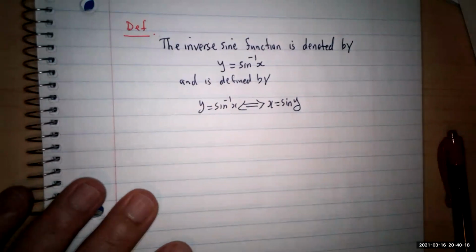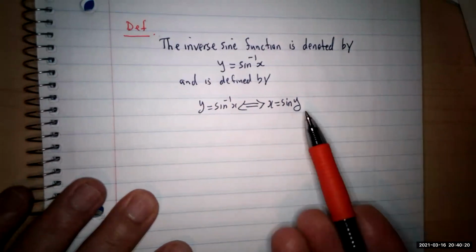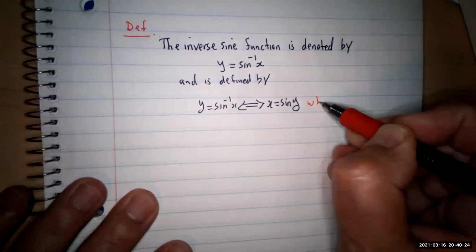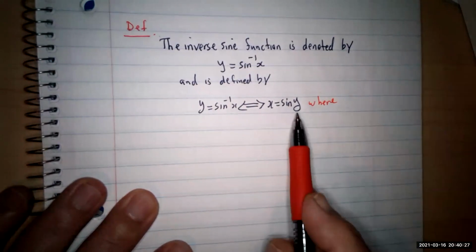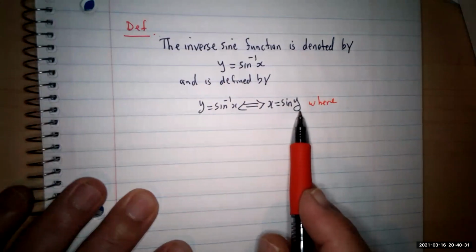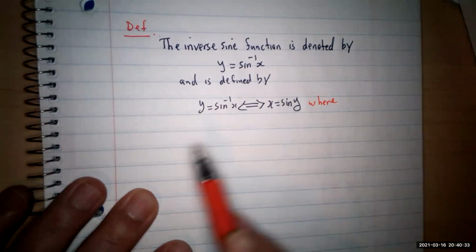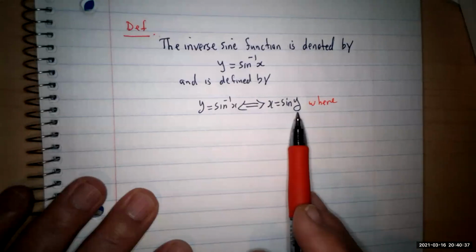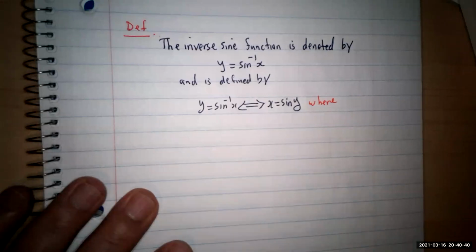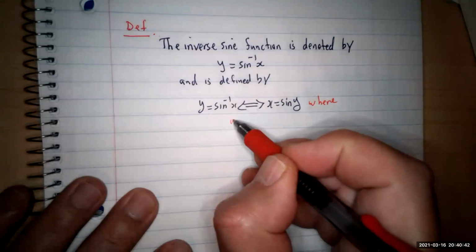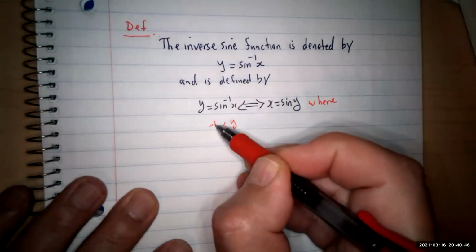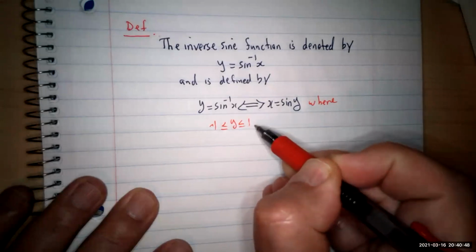But with the condition that we talked about, this angle y must be between negative pi half and pi half, and x is going to be between -1 and +1.